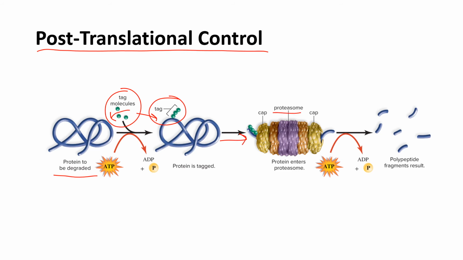And the proteasome is the complex that is going to break down the protein. So a tagged protein will enter the proteasome, and then the proteasome will break down that protein into its various amino acids. And of course, if a protein is broken down, then it is no longer functional.